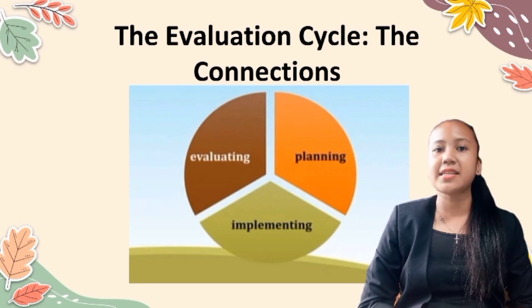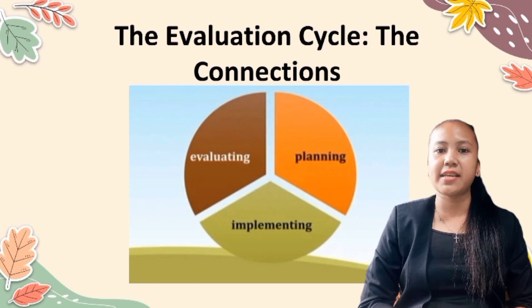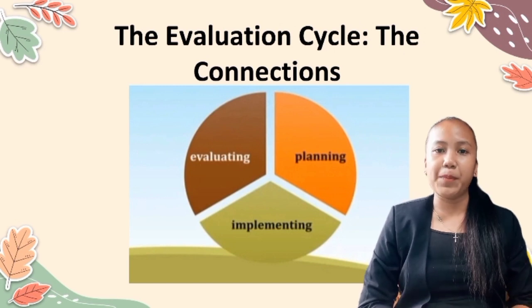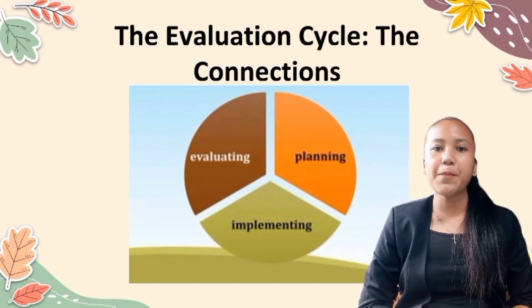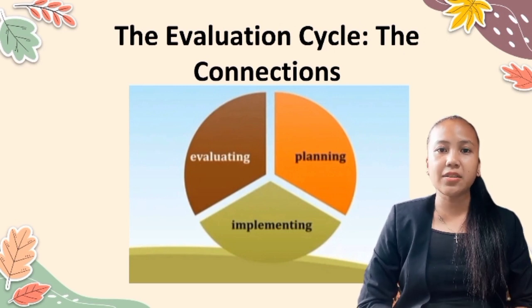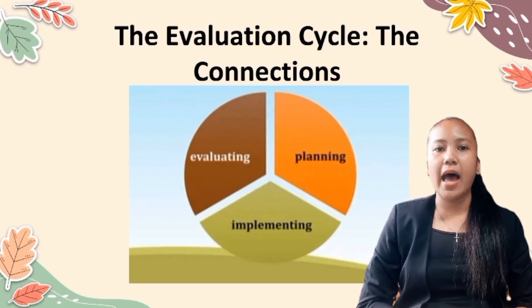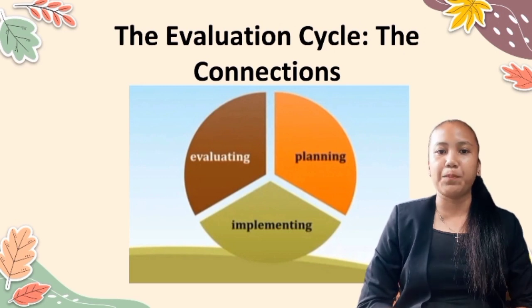PIE or PI is a cyclical process, which means that after evaluating, the process of planning starts again. Planning, implementing, and assessing are three processes in curriculum development that are taken separately but are connected to each other. The cycle continues as each is embedded in a dynamic change that happens in curriculum development.